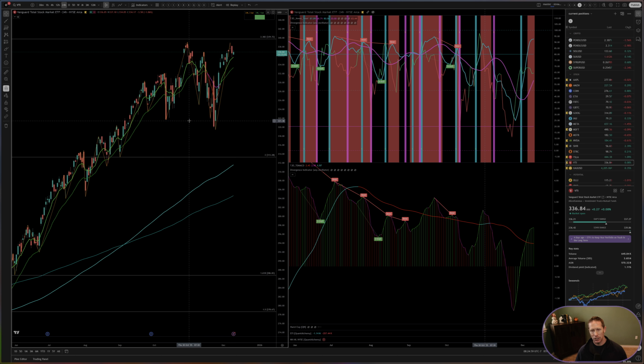The reason I like to look at VTI is because it is basically a total stock market index fund of the top 500 stocks. I believe it's the top 500 stocks. It's fairly similar to looking at SPX or SPY. But the reason I like looking at this is because this is something that people can actually go and buy.